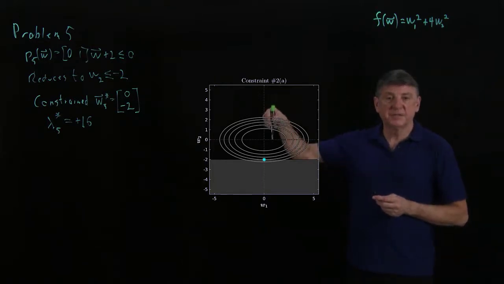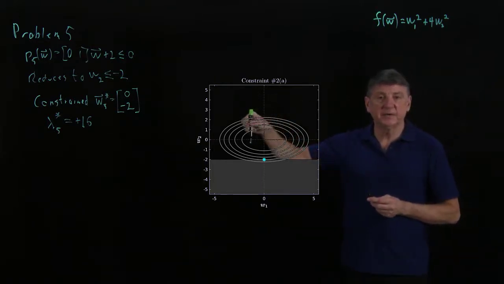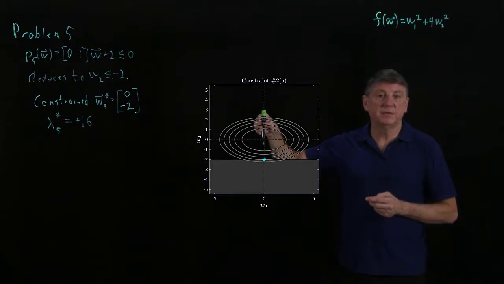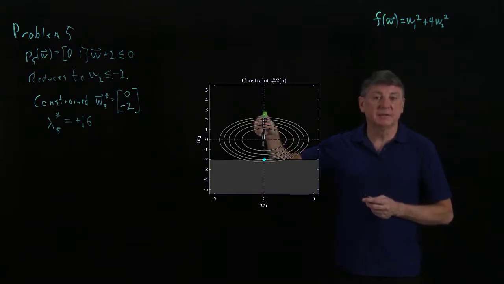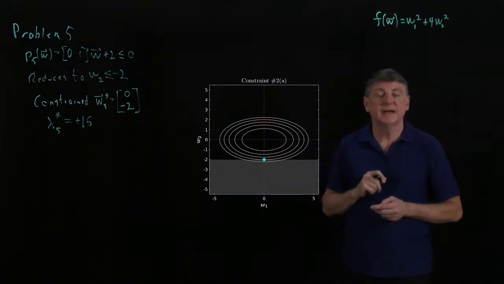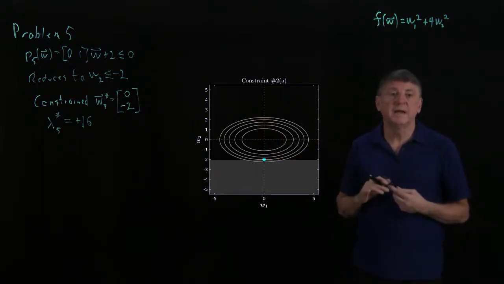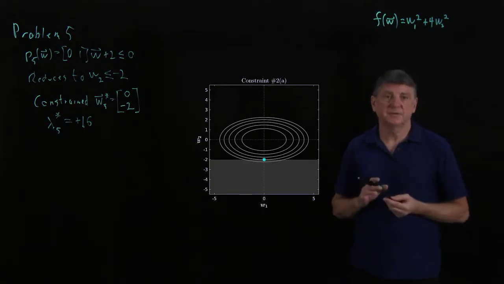And from this geometry, we can see that if we increase or decrease that first entry of the argument, that would increase the level of the objective function, and so this geometrically has to be the solution. So this first constraint was simple. Now let's add the second constraint.